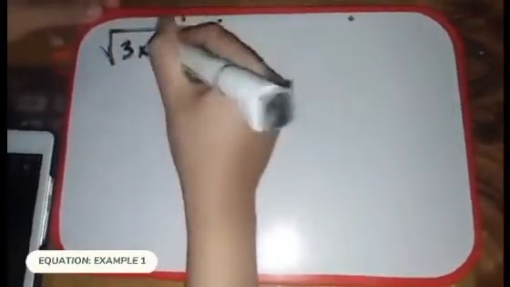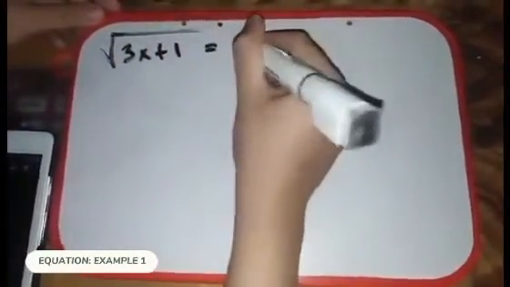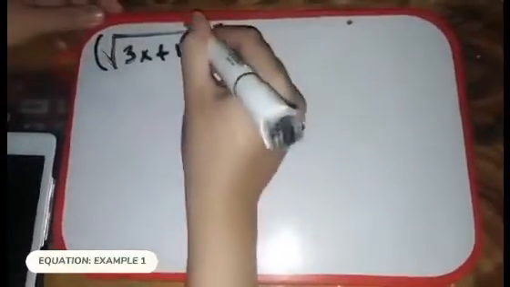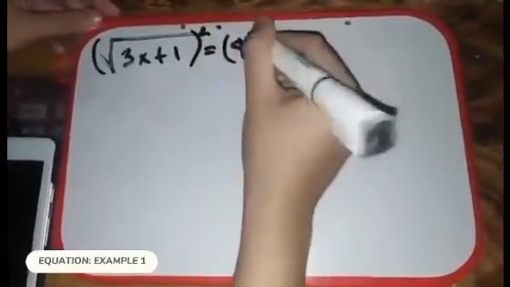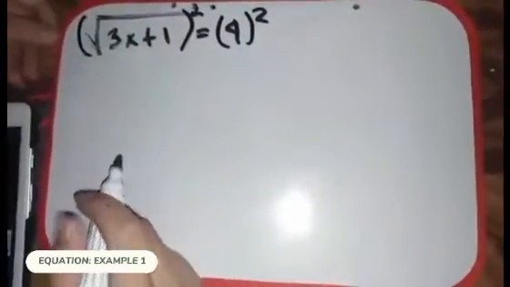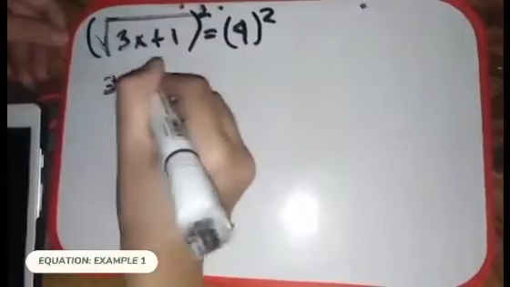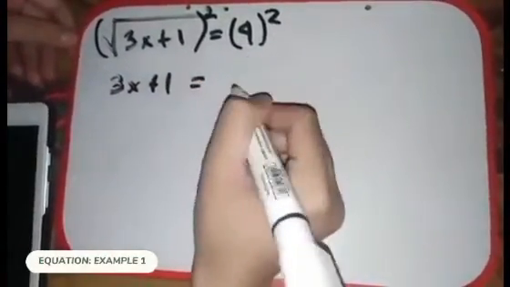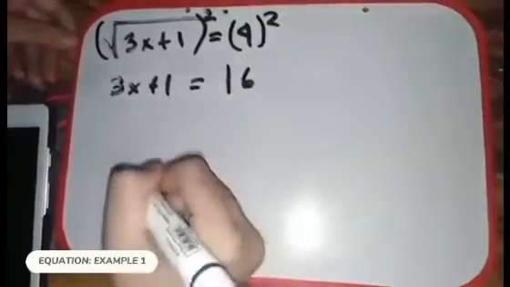So start with this example. Square root of 3x plus 1 is equal to 4. The first thing we are going to do is square both sides. On the left side, we have 3x plus 1. On the right side, we have 4, so 4 times 4 is equal to 16.